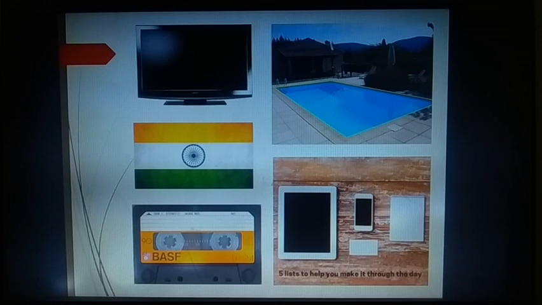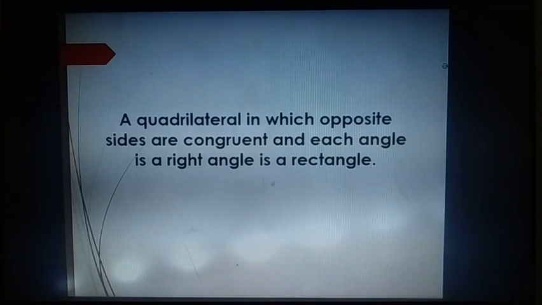Here in all these we can see that there are four sides, but still they are having the same shape. Yes, they are nothing but a quadrilateral in which opposite sides are congruent and each angle is a right angle. Hence it is a rectangle.